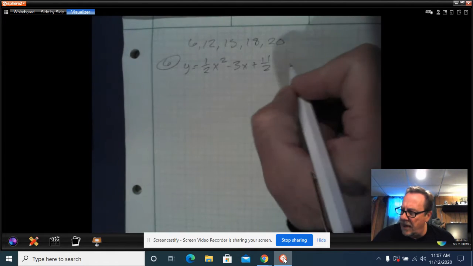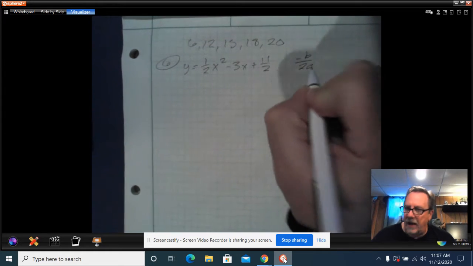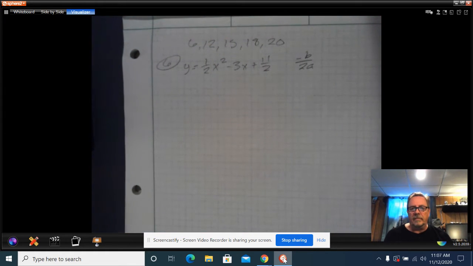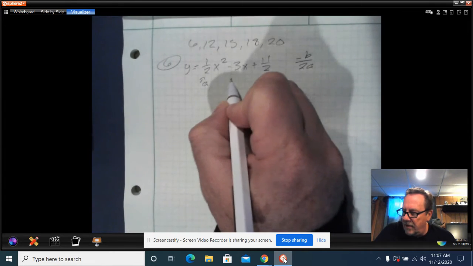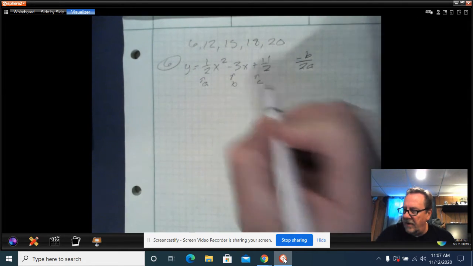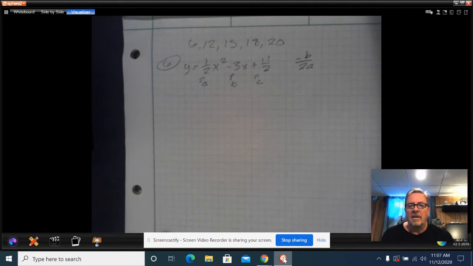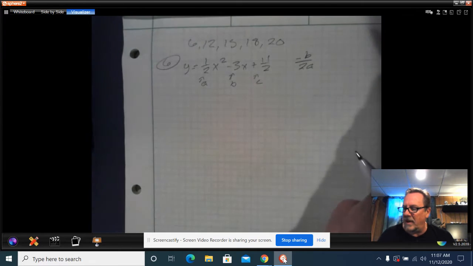And remember, the magic piece is going to be negative b over 2a. So this is a, this is b, and this is c, right? So our a is 1/2 and our b is negative 3.